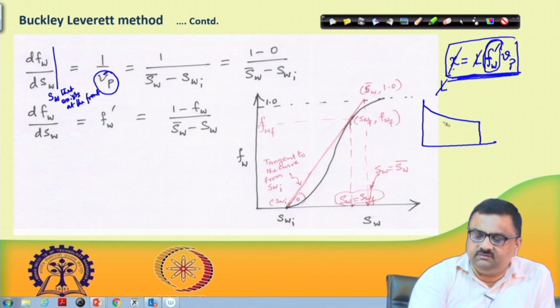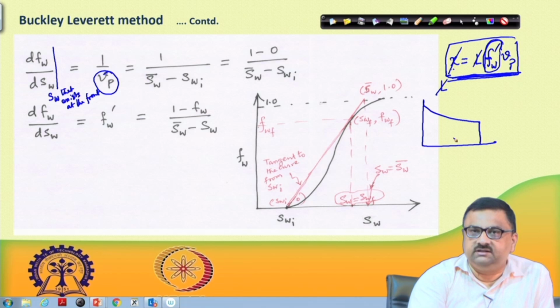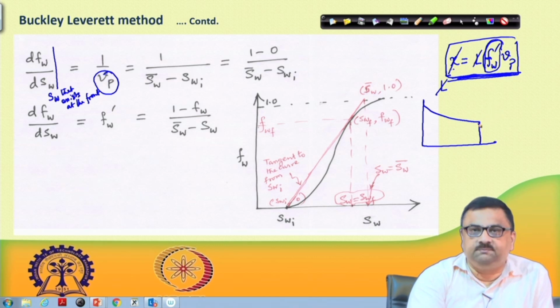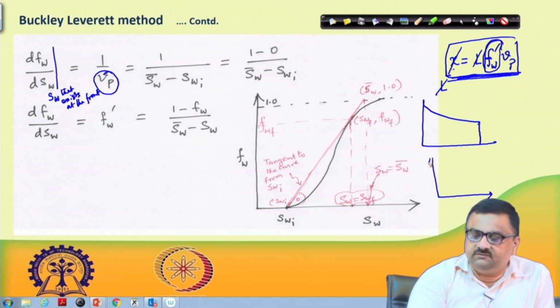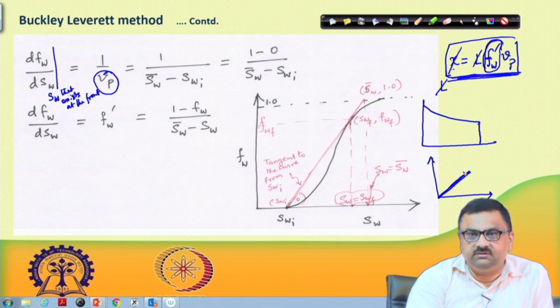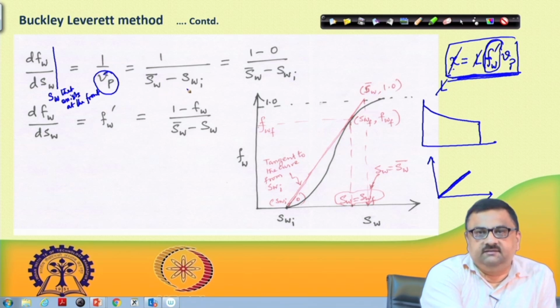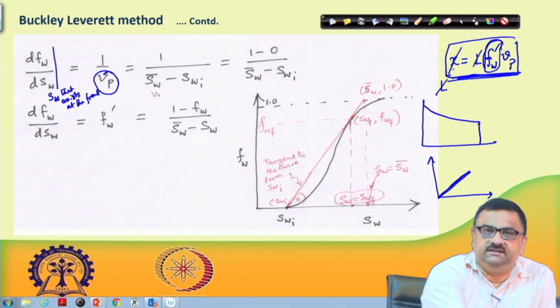The earlier case was somewhere in between, and then there was a drop to Swi and continuing, but at this time the Buckley-Leverett front has reached the outlet. And so, till this point, the cumulative oil produced versus water injected is linear. Whatever water was injected, that same amount of oil would be produced, and that would be Sw bar minus Swi till this point. Beyond this point, this will change.